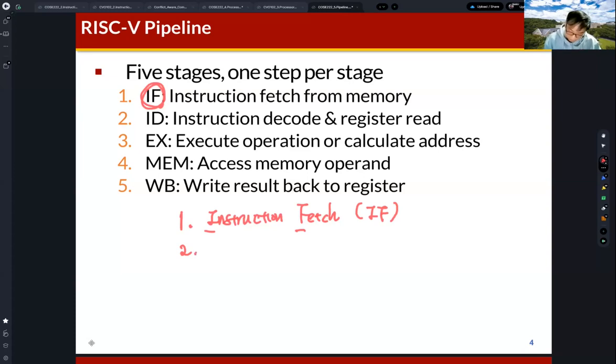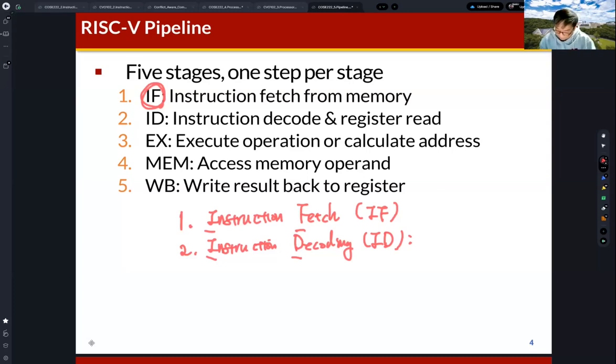The second step is instruction decoding, abbreviated ID. In the ID step, the instruction is decoded. Decoding means that the processor analyzes the machine instruction or machine code.